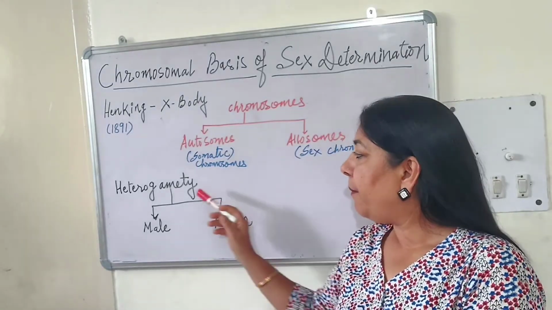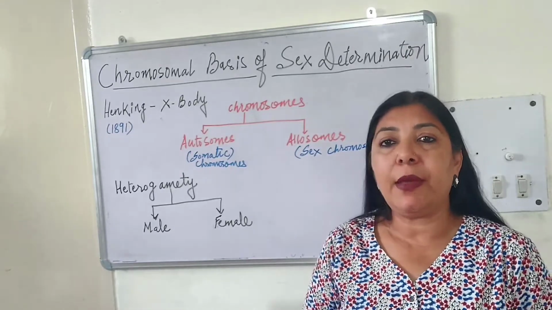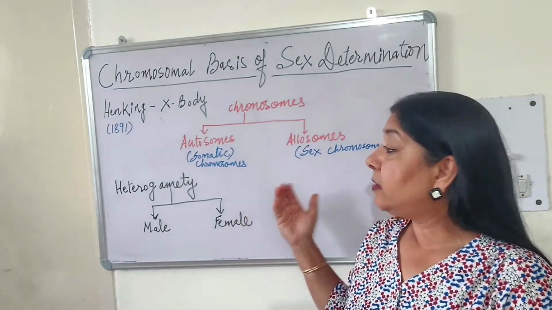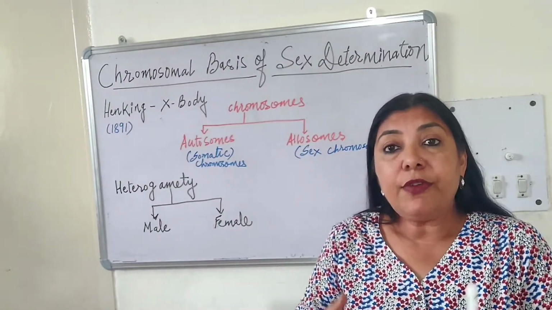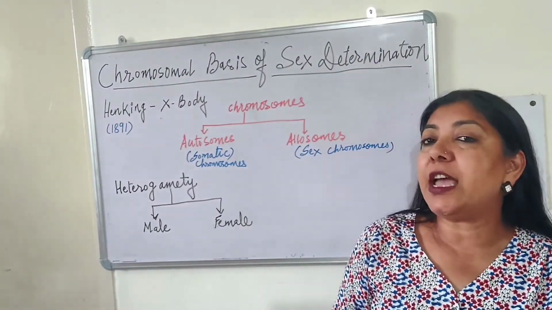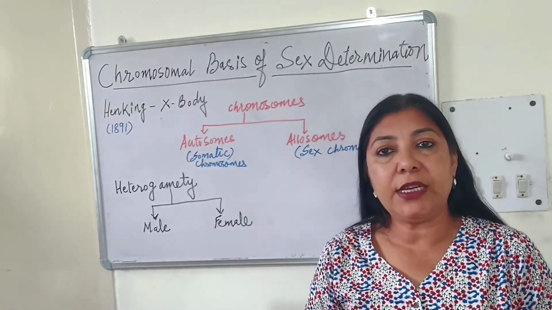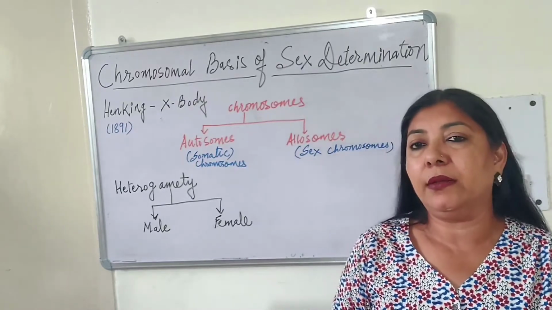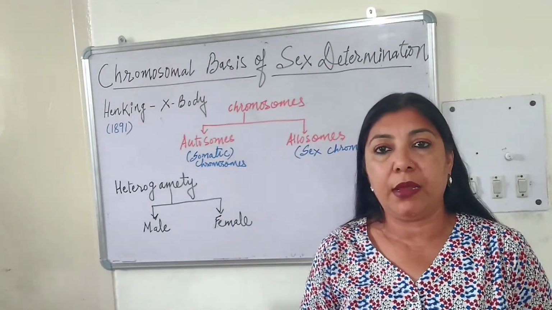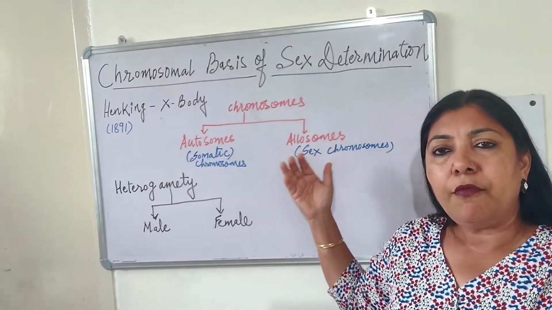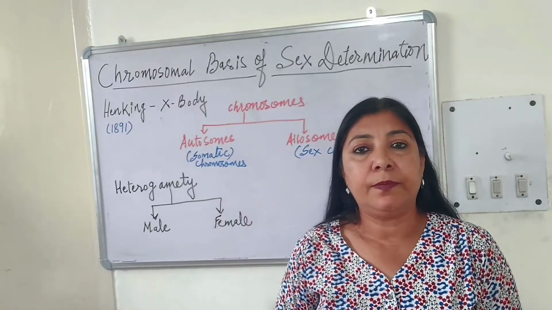That is called male heterogamety, where males produce two types of gametes. And in some organisms, it is the female's gametes which decide whether the new organism produced after fertilization will be male or female. That concept is called female heterogamety. So we will be studying various types of male and female heterogamety.